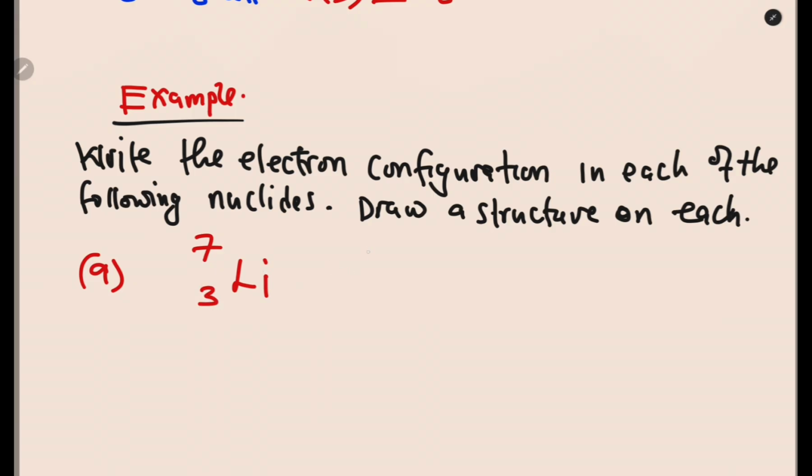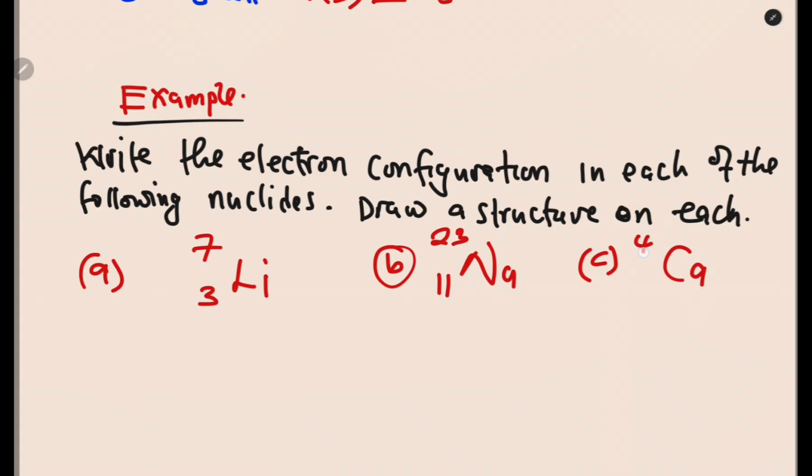Then the second one that we are going to deal with, B, let us look at sodium. So sodium has 23, then here 11. Then the third one, C, let us look at calcium.